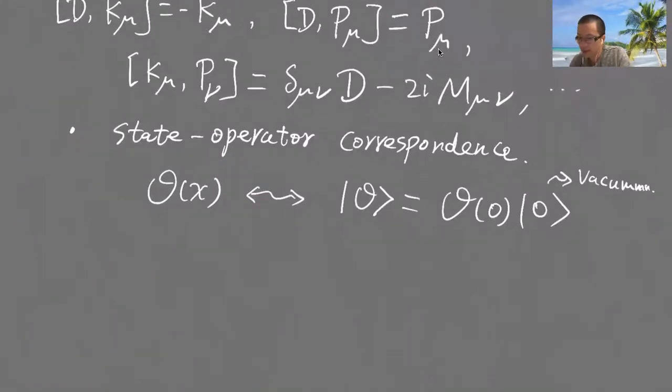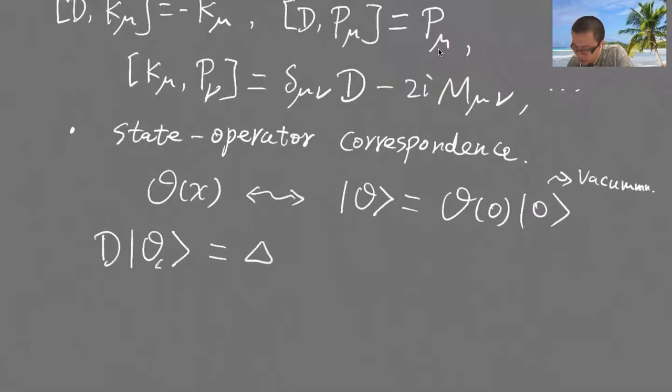Those states are eigenvectors of the dilatation operator. Namely, D acting on a state has eigenvalue delta. For those states, I denote them as O delta.